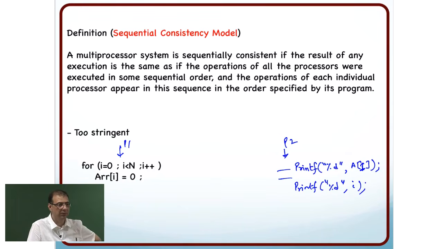How can this go wrong? I might end up seeing 0 over here, which means that this instruction has been executed, and when I print I, I might get garbage or 0.